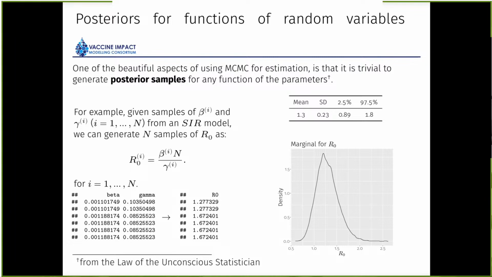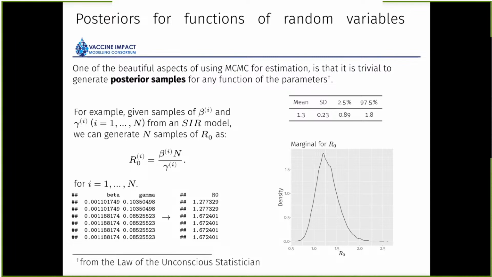In a Bayesian model, we can use the law of the unconscious statistician. When I gave you that earlier, I said this idea applies to functions of things. R0 is a function of beta and gamma. This is a density-dependent model, so we've got the N in there, but we know N as well.